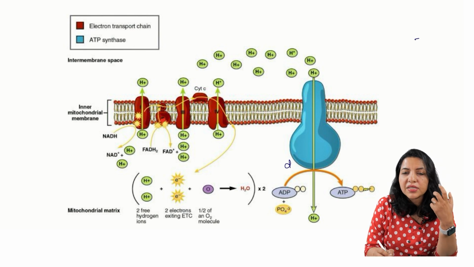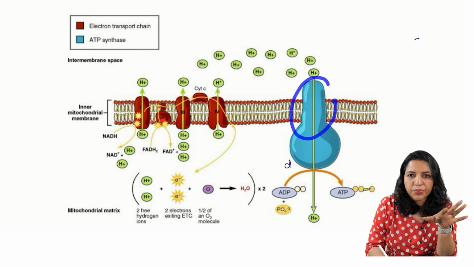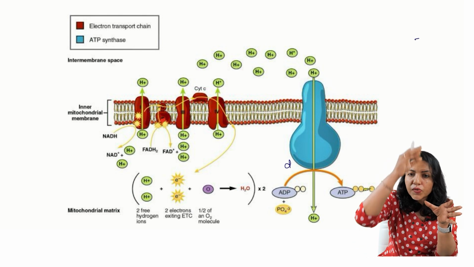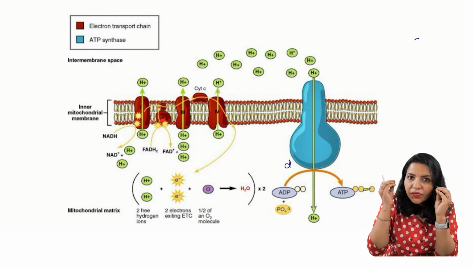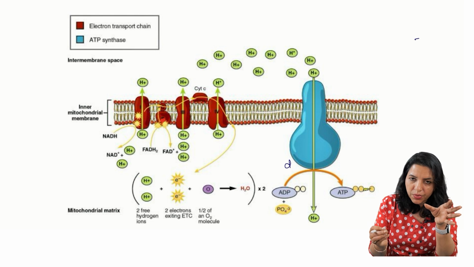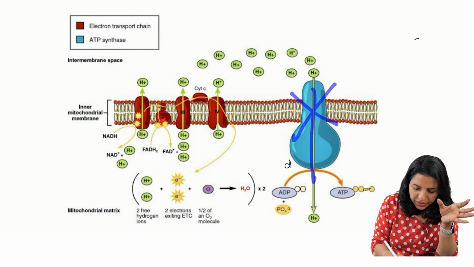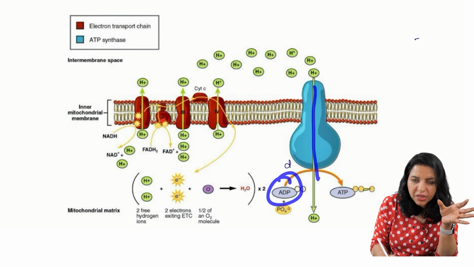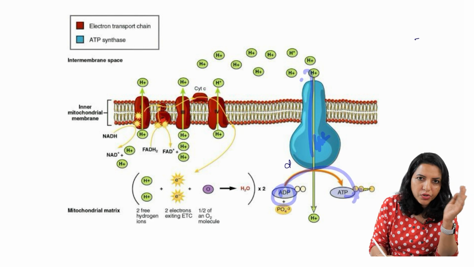Second is inhibitors of oxidative phosphorylation. For example, oligomycin and venturicidin act at the FO subcomplex. We know that the FO subcomplex is a proton channel through which protons are transferred. If that proton transfer is blocked, ATP production will suddenly stop, because through this H plus transfer, ADP is converted to ATP.